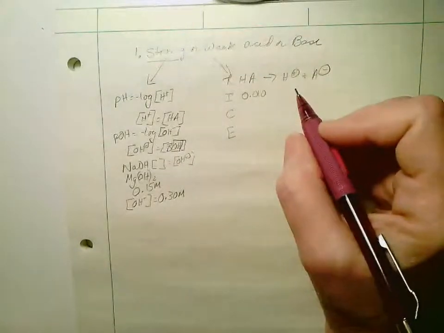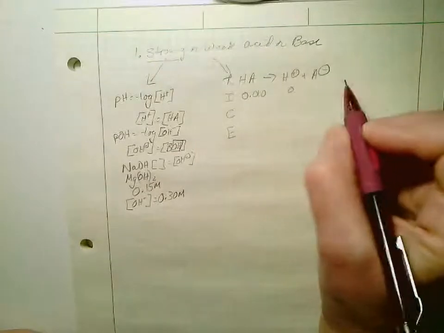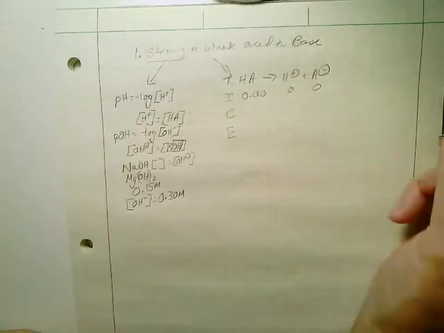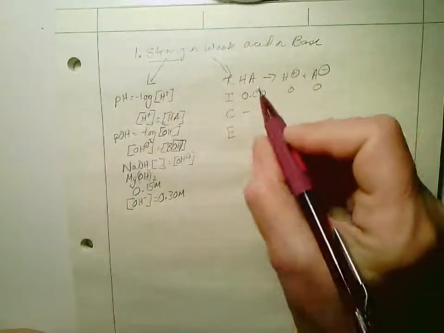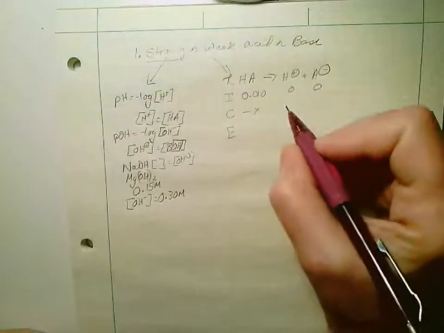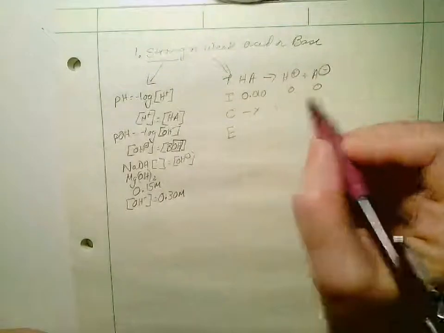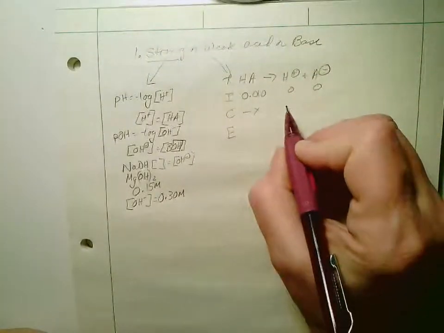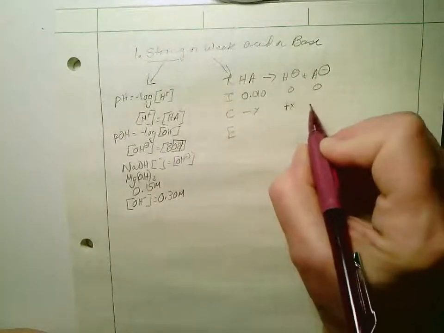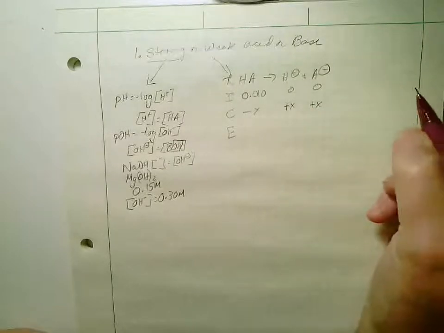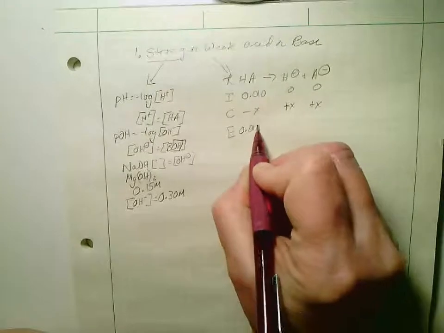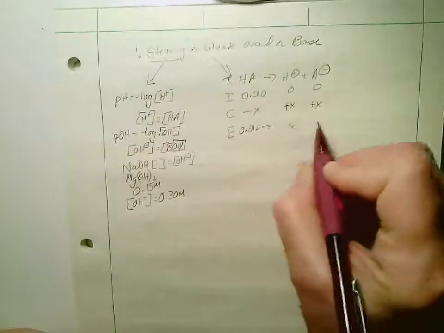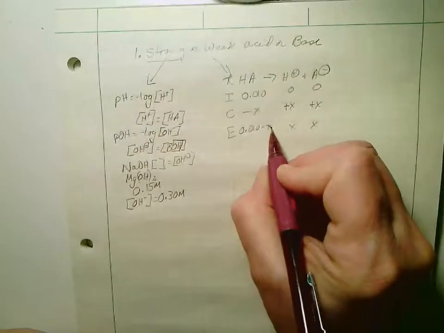When we first put everything in, we would have 0 hydrogen ions and 0 anion. We're going to lose a small amount from our acid because weak acids and bases do not completely dissociate. And I would gain a little bit of this, and I would gain a little bit of this. And so at equilibrium, it's going to be 0.010 minus x. We have x and x.